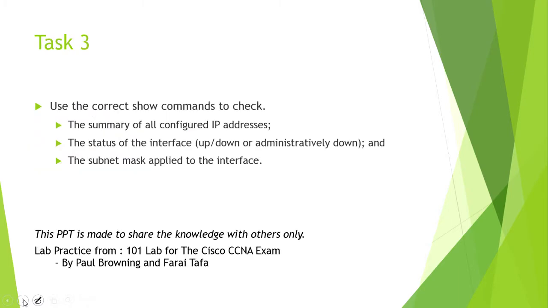We are not going to cover the first task as of now because we are using GNS3. The last task, task 3, gives a summary of IP addresses, interfaces, subnet masks, and so on. Easy. Let's get started.